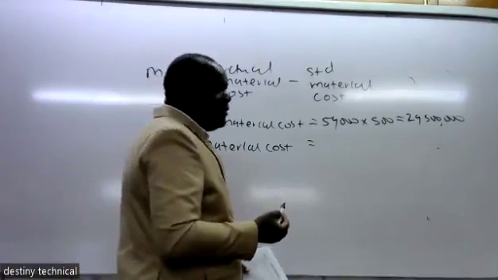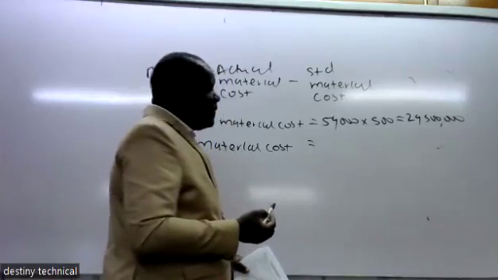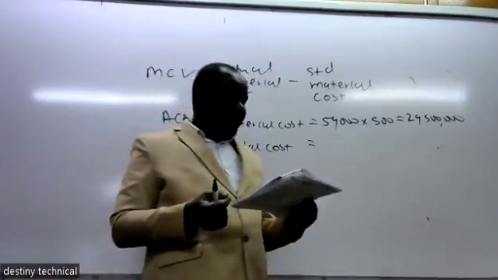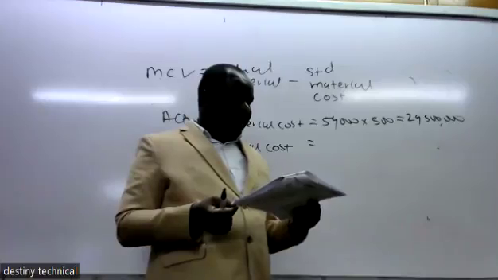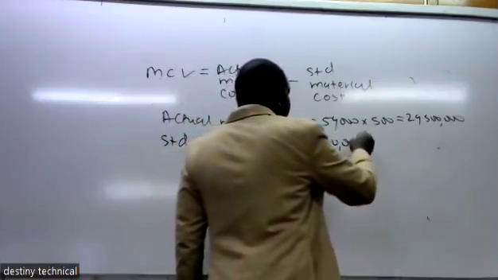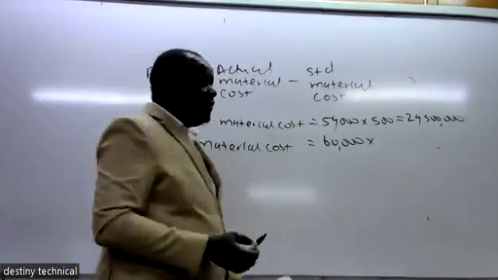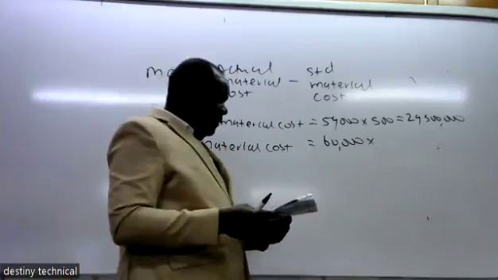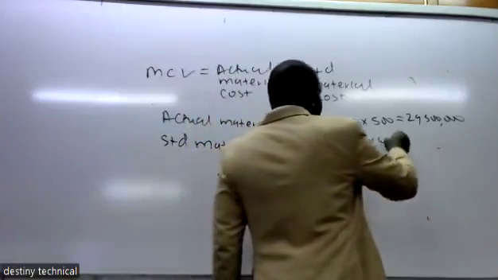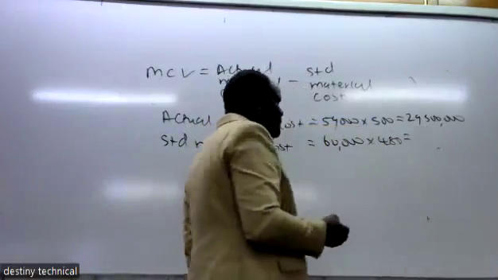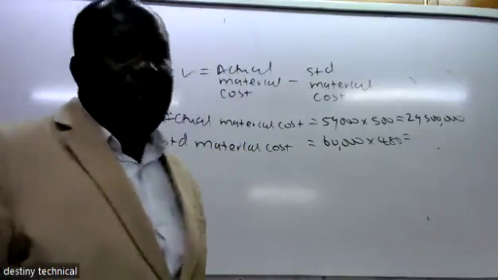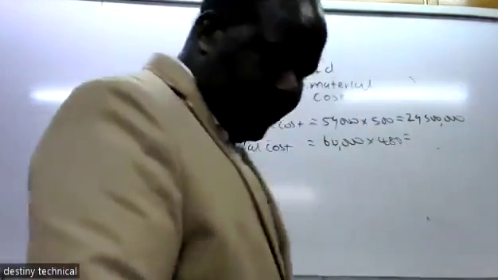Total standard quantity was 6 multiplied by 10,000, so it is 60,000. That was the standard quantity multiplied by the standard price, which is 408.